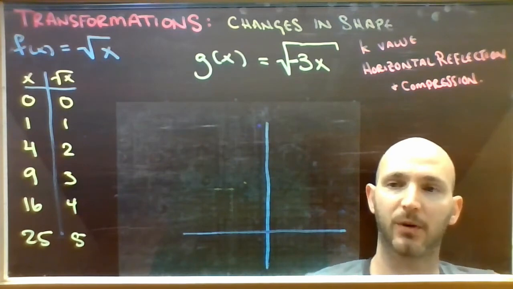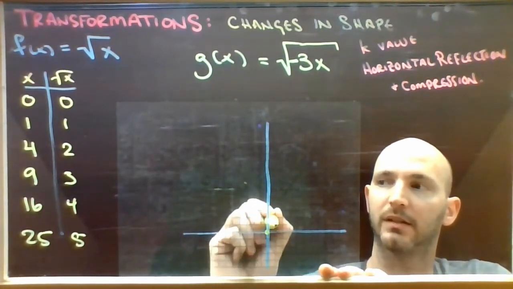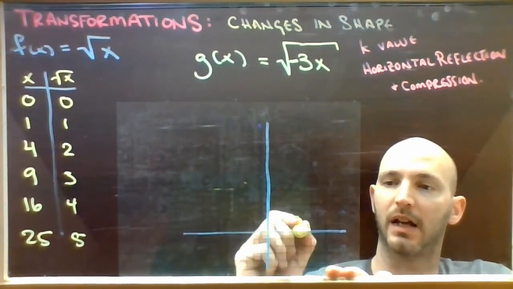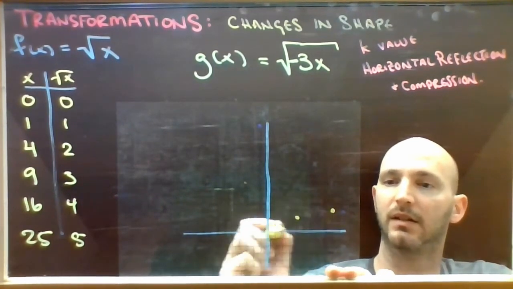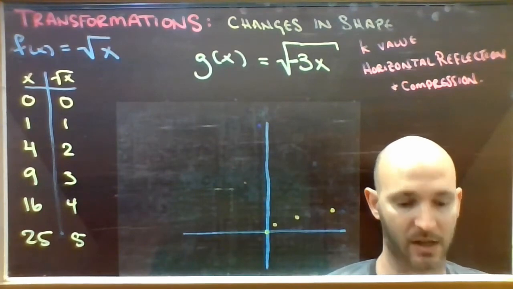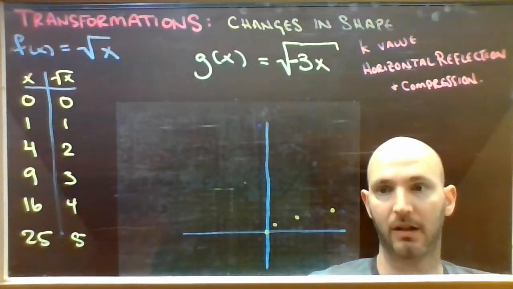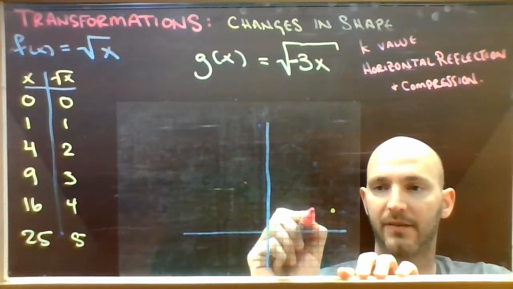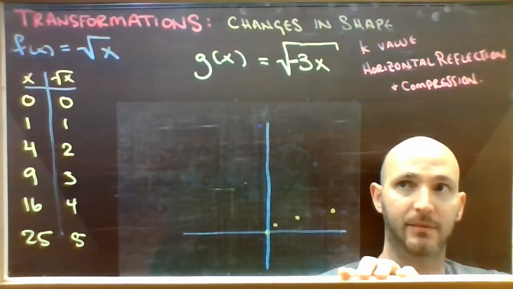My untransformed function used to be at 0, 0, 1 and 1, 4 and 2, 9, 4, 5, 6, 7, 8, 9 and 3, 16 and 4, but I've lost those dots. So, here we go. This dot here is 1, 2, 3, 4, 5, 6, 7, 8, 9 squares away from the y-axis.